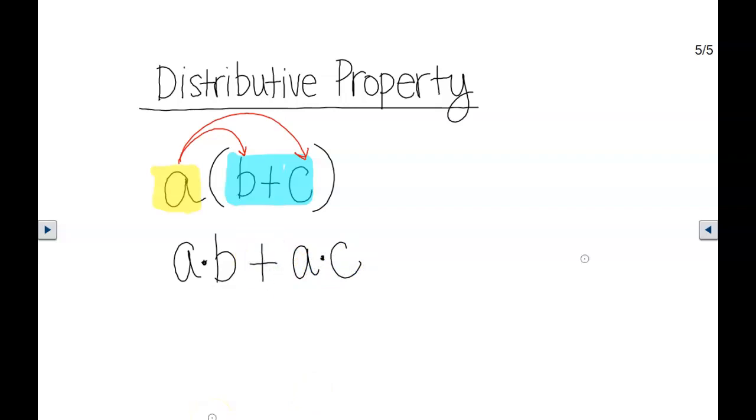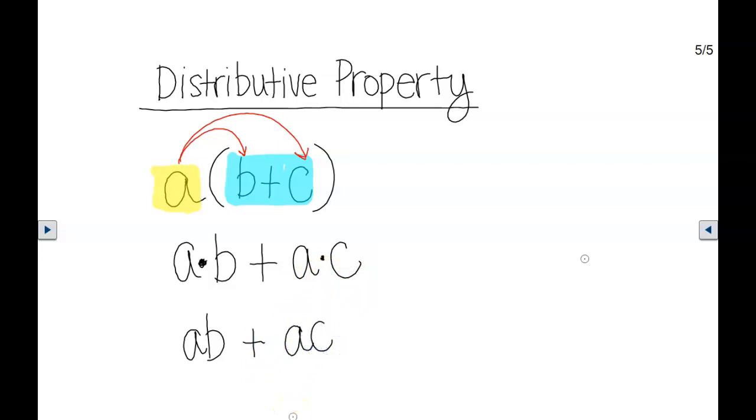So distributive property tells us that instead of doing the group first and then multiplying by that number that's outside, we can distribute the number that's outside to each member of the group. The A gets multiplied by the B, and the A gets multiplied by the C. Now I could shorten this up, because that dot is not really necessary. If I'm doing A times B, I can just write the two beside each other. Likewise over here, when I'm doing A times C, the dot is not necessary.